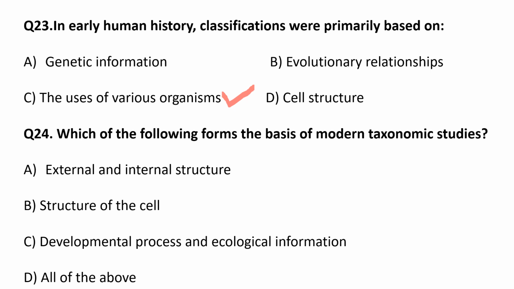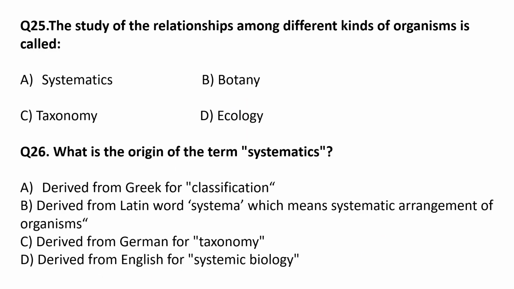In ancient times, this method was adopted. Which of the following forms the basis of modern taxonomic studies? It is external and internal structure, structure of the cell, development process, and ecological information. So all of the above are correct.